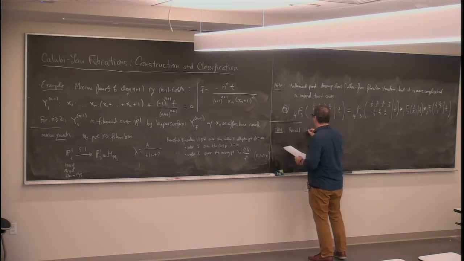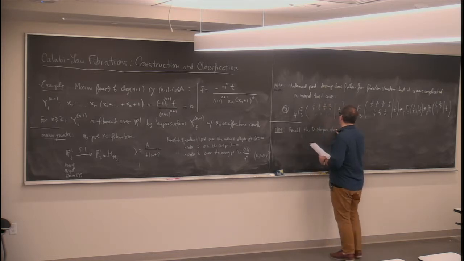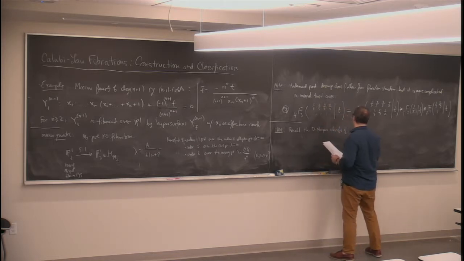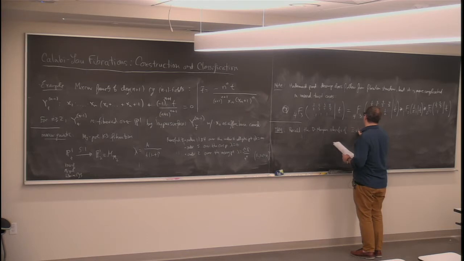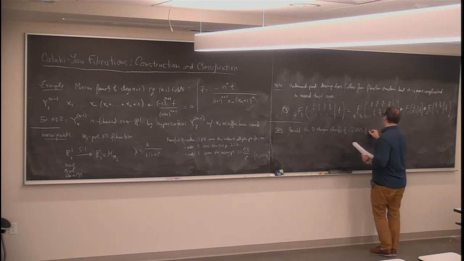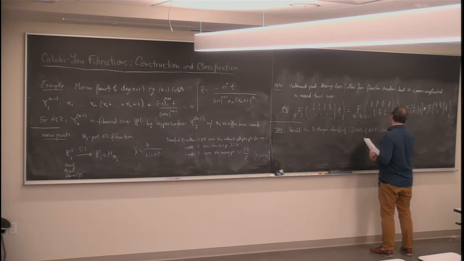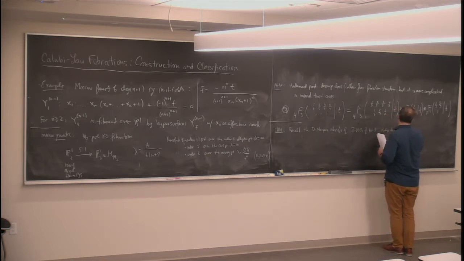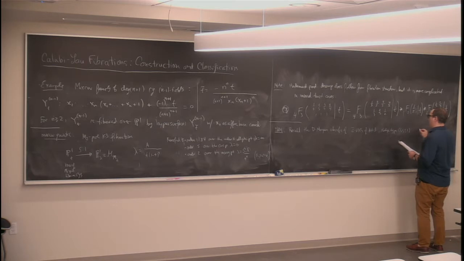So recall the Doran-Morgan classification of integral VHS of weight 3, Hodge type 1111 Hodge structures, over P1 minus 3 points.